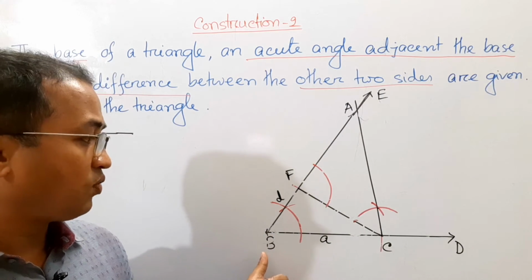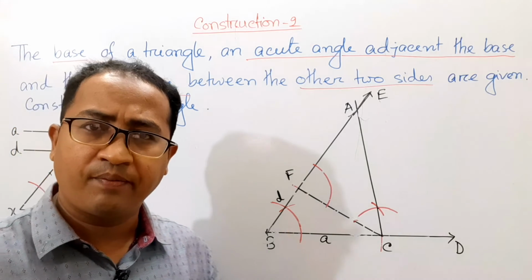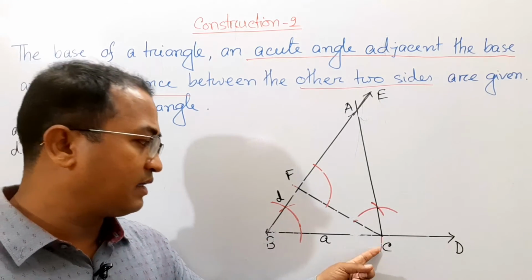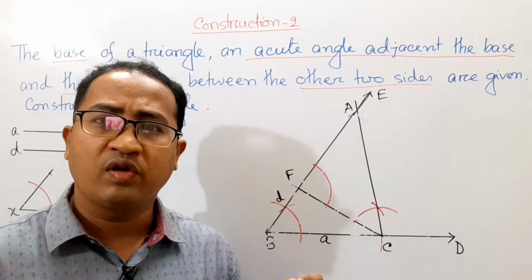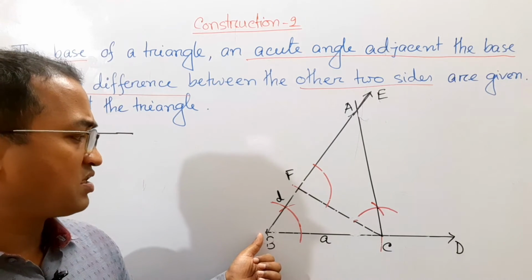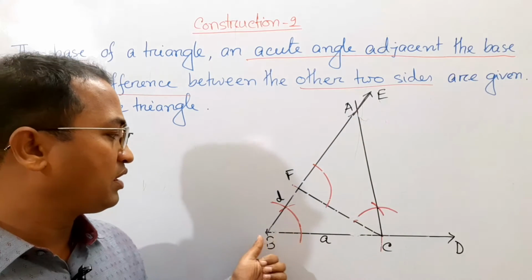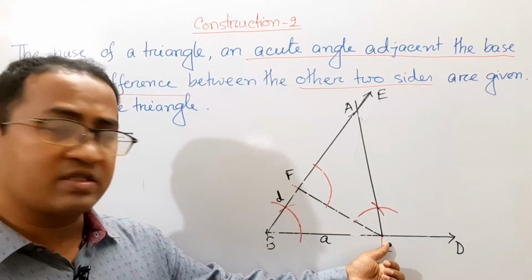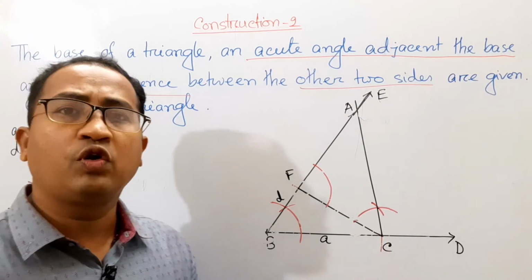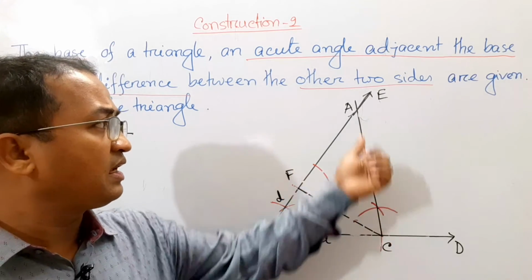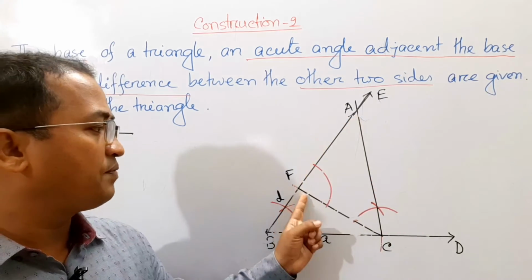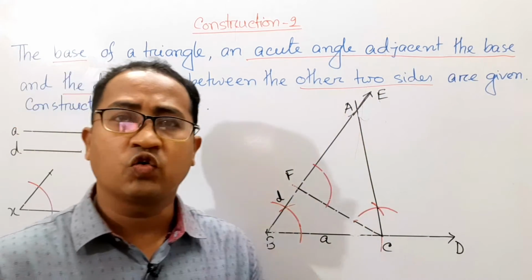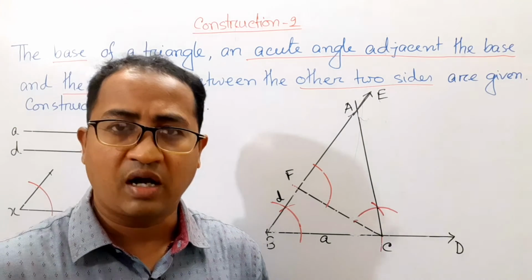Step number 2, from the ray BD we will take BC equal to A. Step number 3, at the point B we will construct an angle CBE equal to X. Step number 4, from the ray BE we will take BF equal to the difference D. Then at the point C, with the line FC, we will construct an angle FCA equal to angle EFC, which intersects the ray BE at A. So ABC is our required triangle.